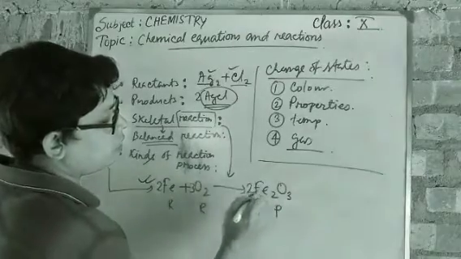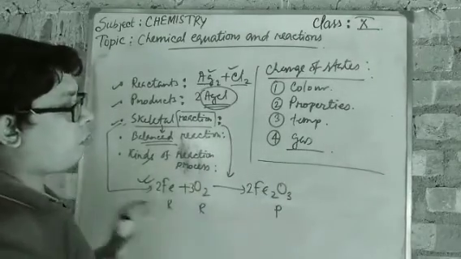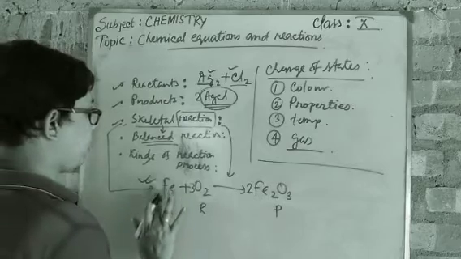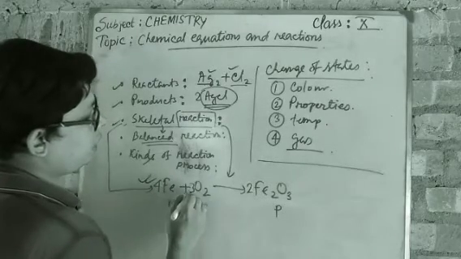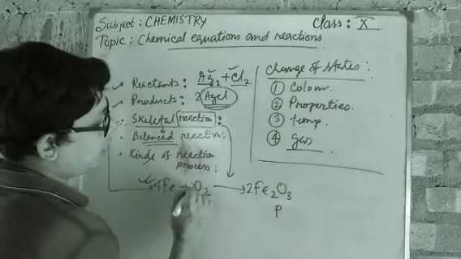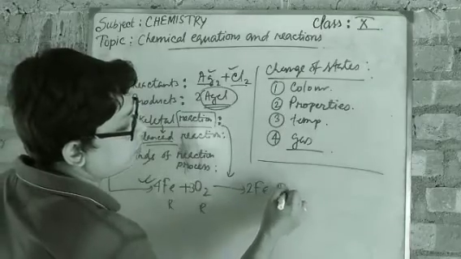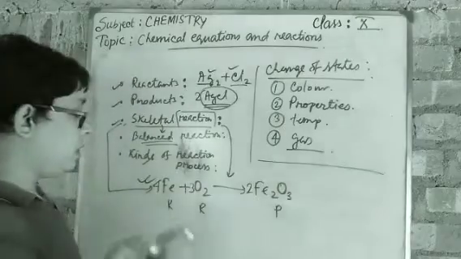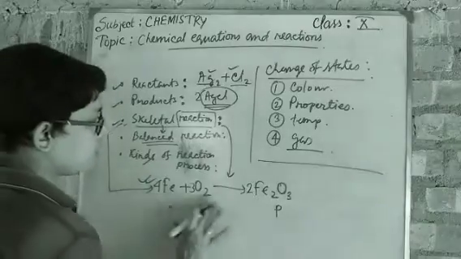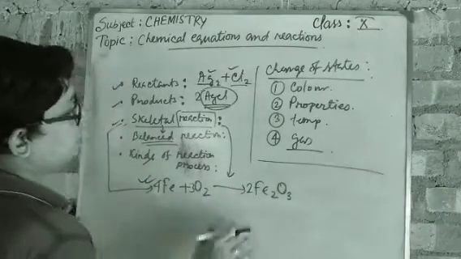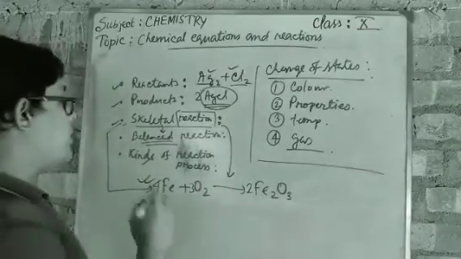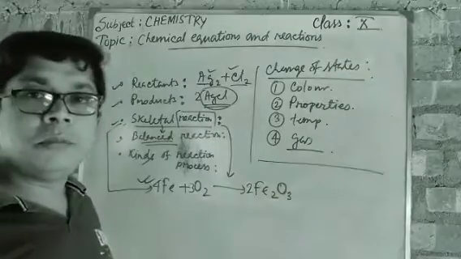So if I give here 2, 2 twos are 4, so I can write here 4Fe, 3 twos are 6 oxygen. Look, it has made a proper balance. Now I can say it's a balanced reaction. Balanced reaction, skeletal reaction, any problem?